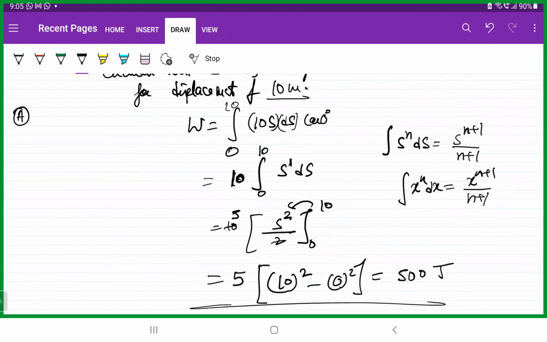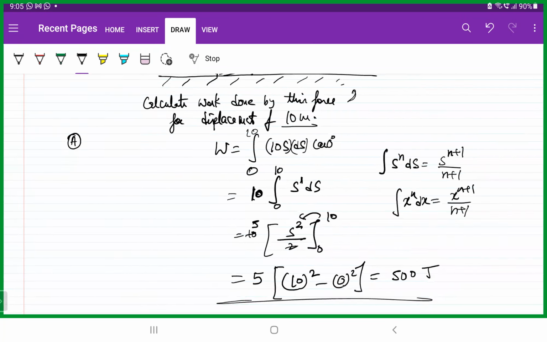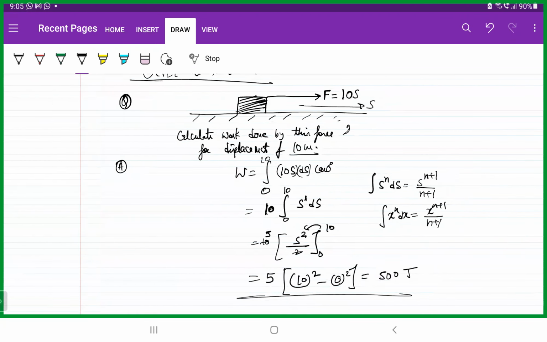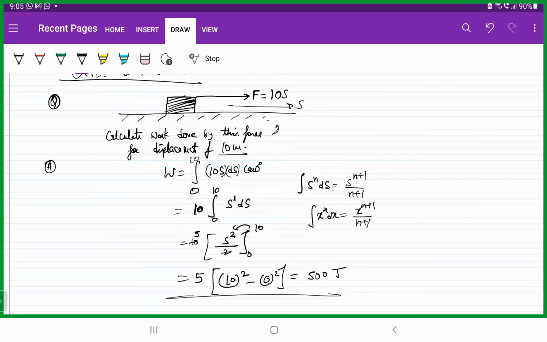So any doubt now? Now, Janita, did you understand how to apply the formula? Yes, sir. Yes, very good. So this way we have to see if any variable force is there. Calculus is the only way. As I told you in so many classes, calculus was developed by Newton.